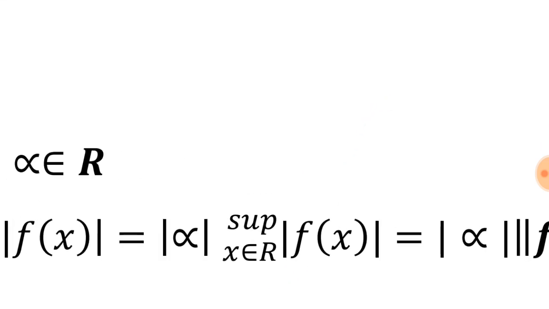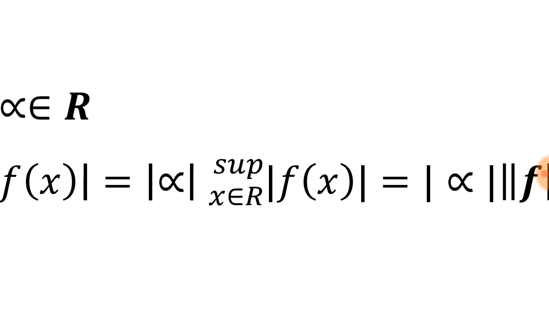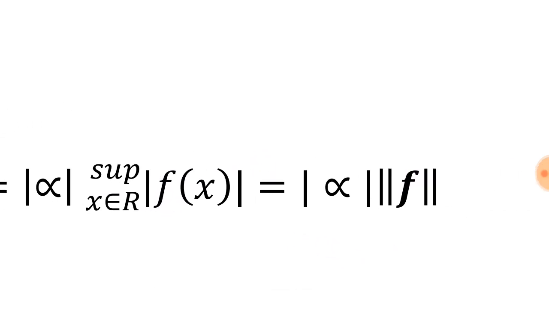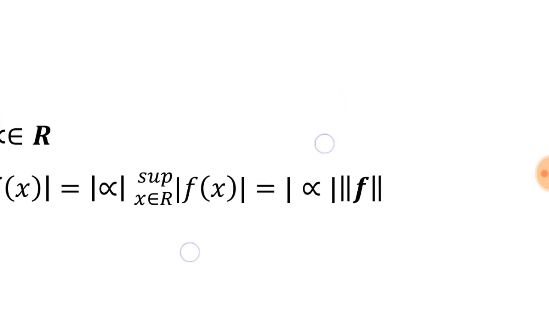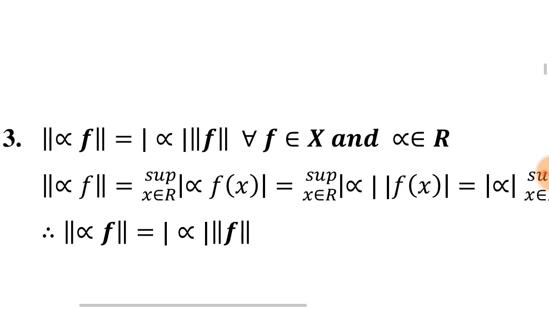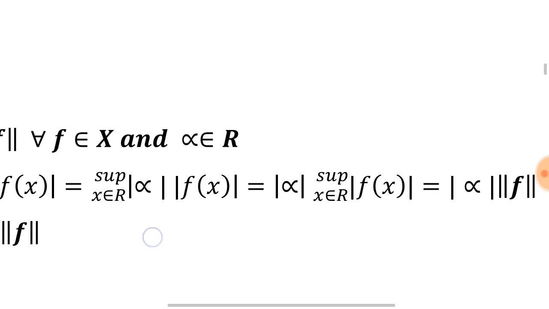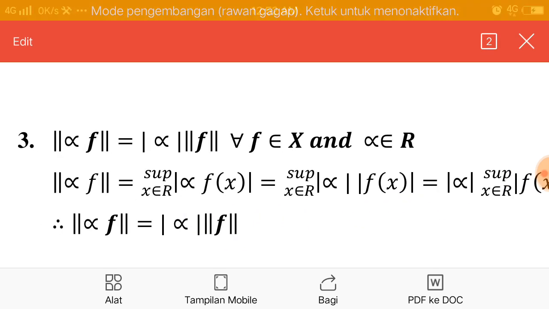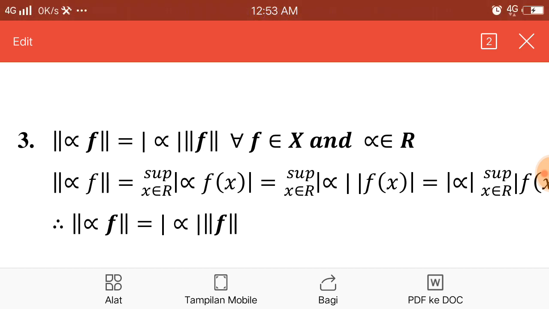Since this is the norm of f, we have the absolute value of alpha times the norm of f. So this equals this. It satisfies the third condition, just like that.